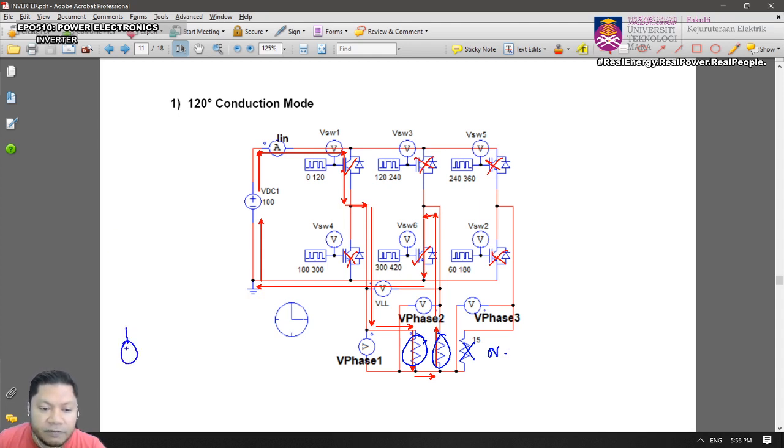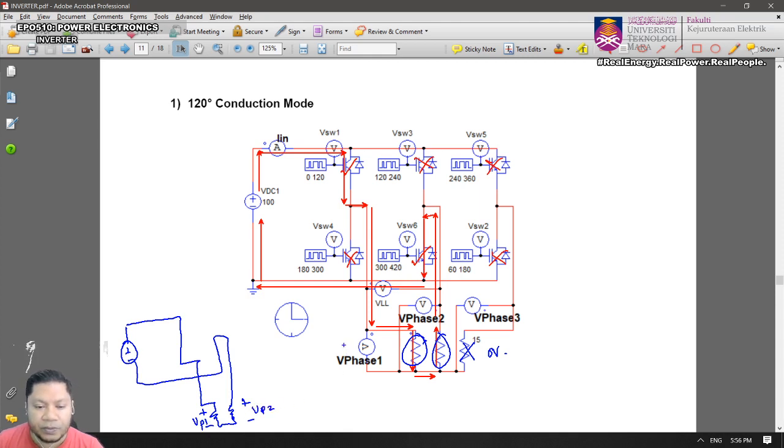So you have positive and negative, and then you have resistor 1, and then resistor 2, then come back to switch 6. This is plus minus, and this is also plus minus for V phase 1, then V phase 2. Okay, so now let's rearrange.